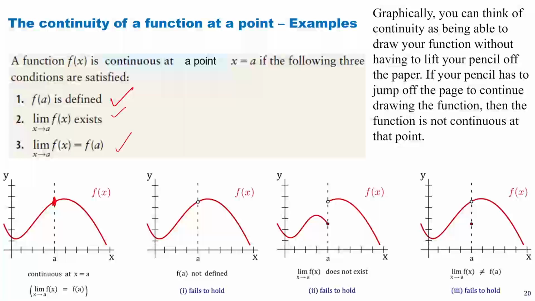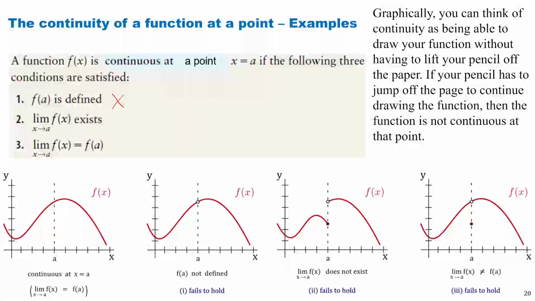So all of the three conditions can be met. So this function is continuous at x equals a. Did you get it? If you consider the second diagram here, when x equals a, first of all we know f(a) is not defined. So the first condition cannot be met. So this function is not continuous at x equals a, right?